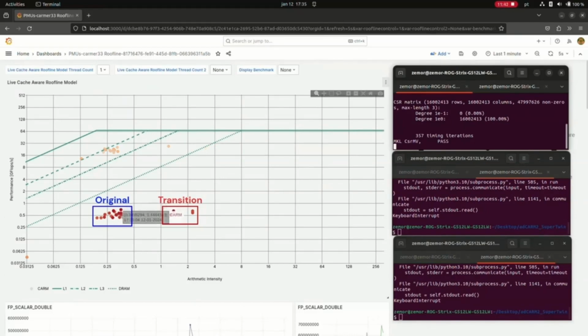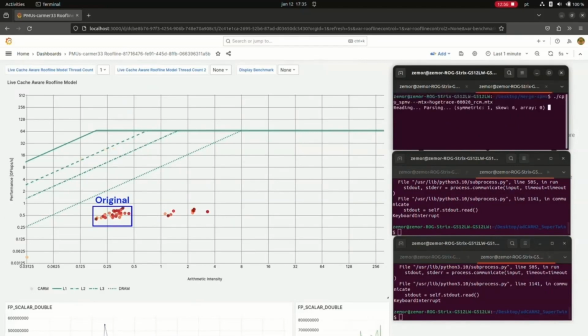And I'm now going to switch over to the RCM reordered matrix and show you how the dots will move up and to the right as we get a better arithmetic intensity and more gigaflops. So all I did was stop the other execution and start it up again using the RCM matrix.